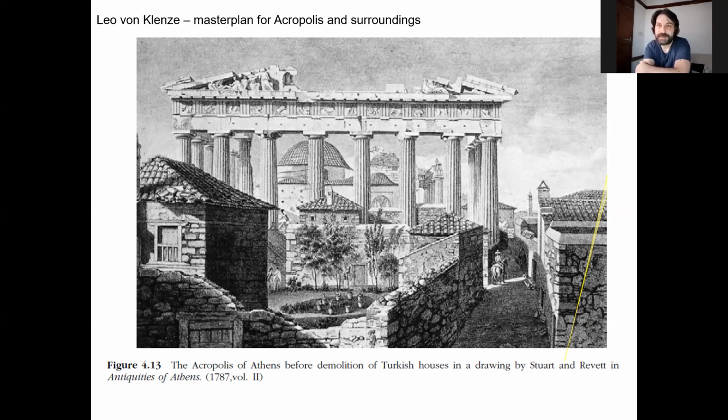He was assigned as the first king of Greece, and he assigned Leo von Klenze to design the new master plan for the Acropolis and surroundings.